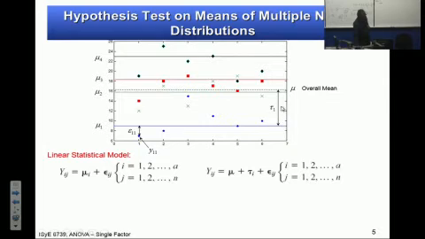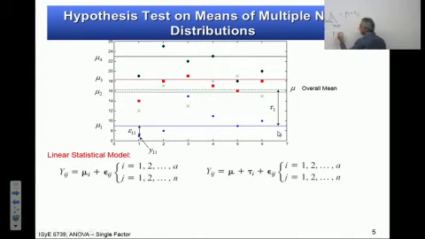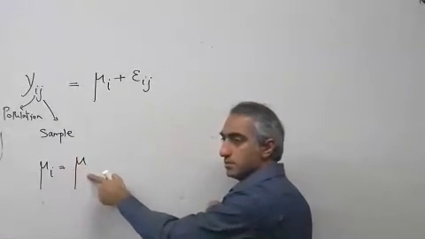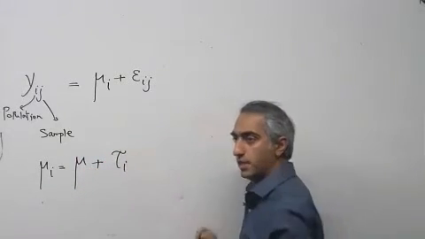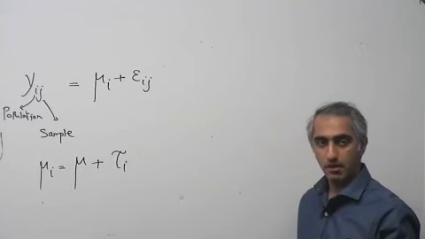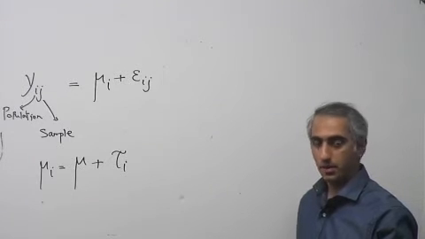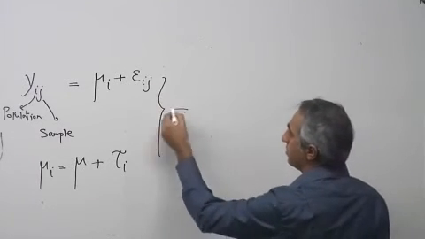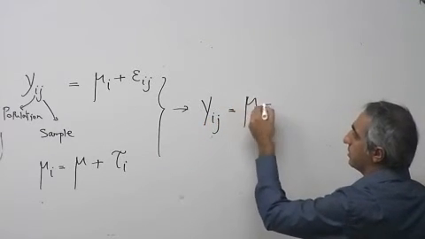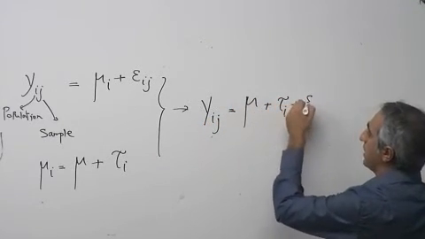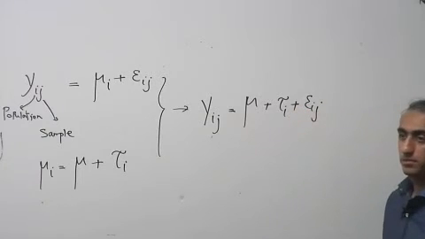This difference we denote by tau 1. So mu 1, or in general mu i, is the grand or overall mean plus the deviation from that mean, tau i.